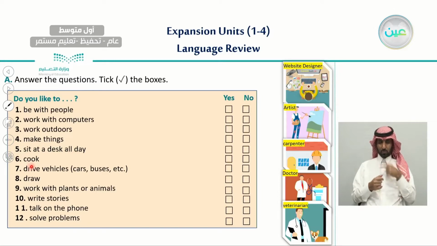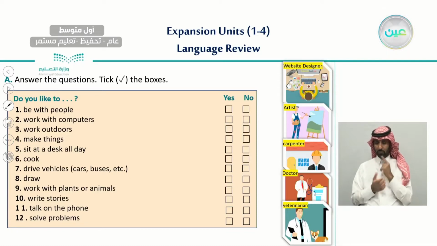And number 6, do you like to cook? Number 7, do you like to drive vehicles, cars or buses, etc.? Number 8, do you like to draw? Number 9, do you like to work with plants or animals? Number 10, do you like to write stories? Number 11, do you like to talk on the phone? And lastly, number 12, do you like to solve problems?